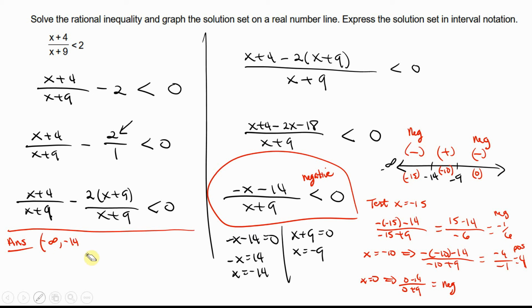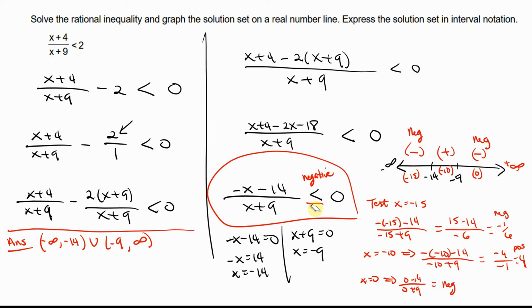Now, does it include the 14? Well, it's just less than, it's not equal to, so we don't put a bracket. It's strictly parentheses. Union. Where else is it negative? From negative 9 to positive infinity.